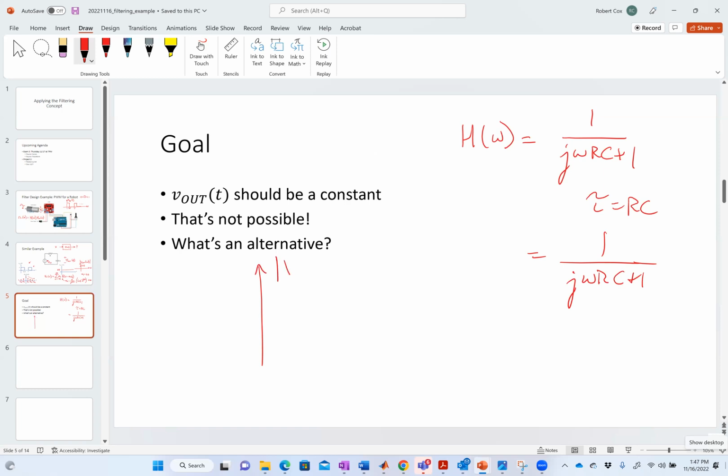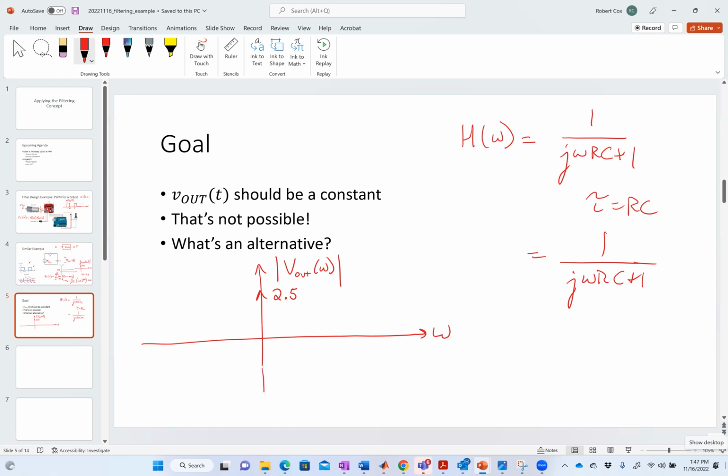All right. So what I want is V out of omega. If I plotted that in the frequency domain, my target would be for that to simply be an impulse of area 2.5 at omega equal to 0. Right?